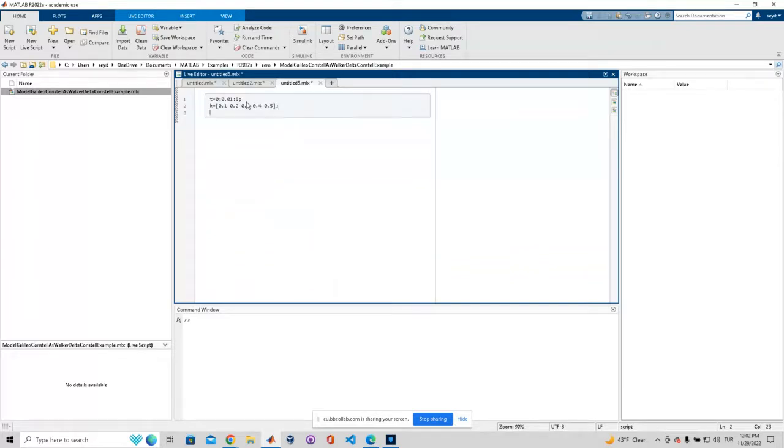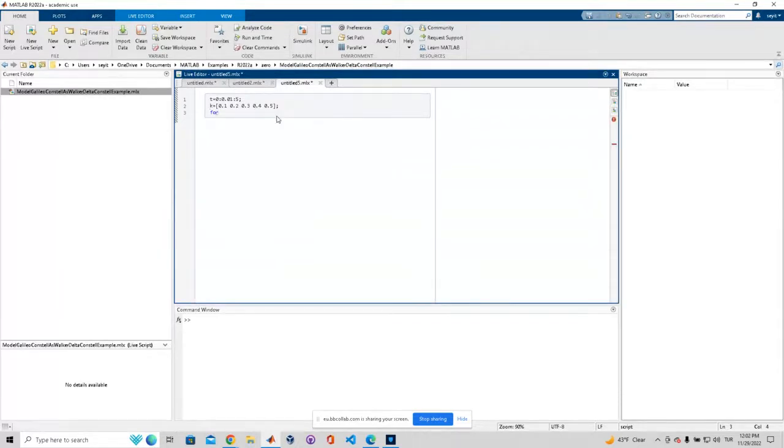Now we're going to define our system. We have feedback with 0.1, 0.2, 0.3, 0.4, and 0.5. And now we're gonna try to visualize this step response with these feedbacks.